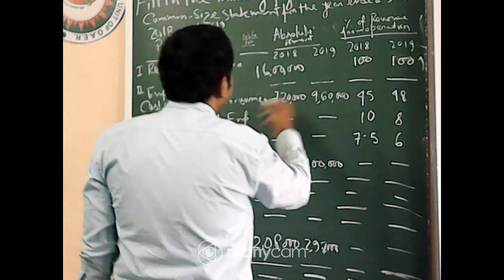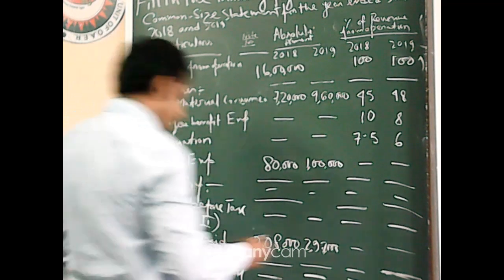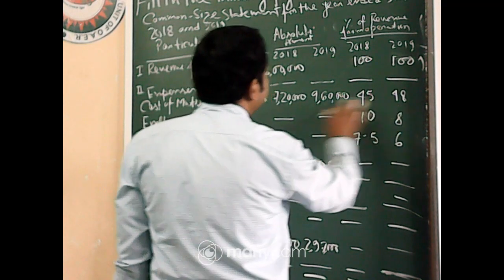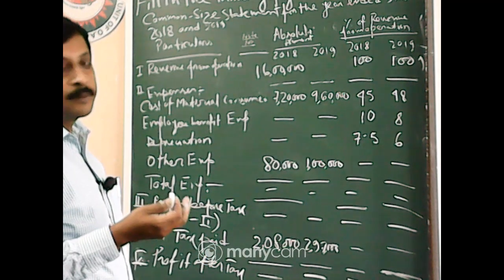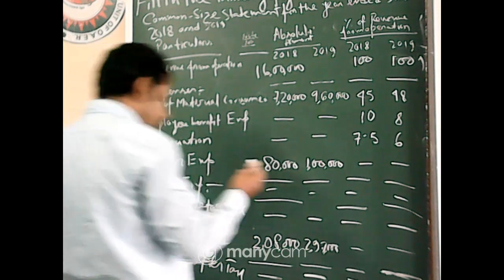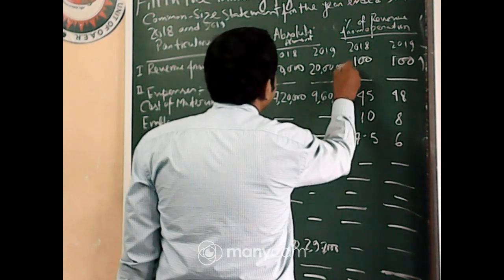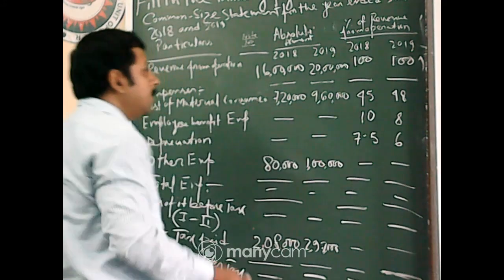Now if you calculate 16 lakh into 45%, that figure will come 7,20,000. And the same for 2019: if 48% means 9,60,000, then 100% is 20 lakh. Now you just calculate 20 lakh into 48% to check.